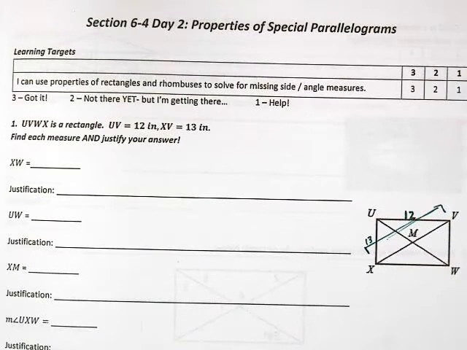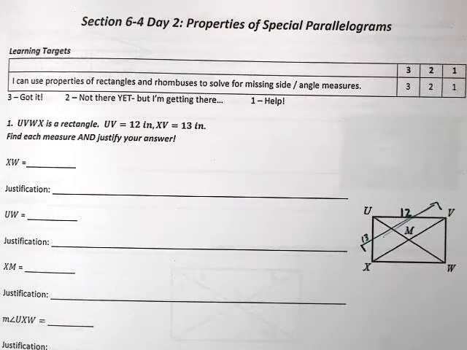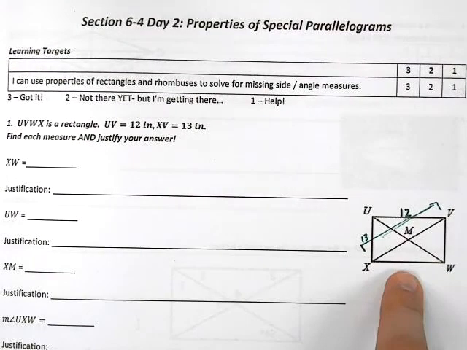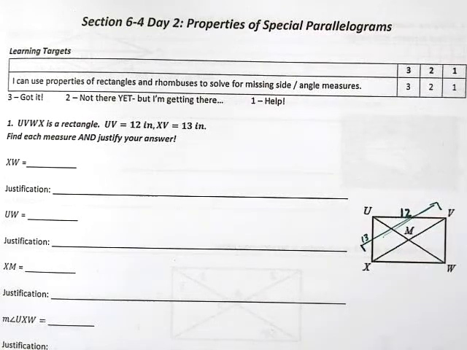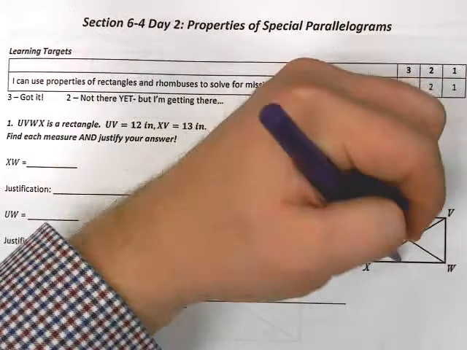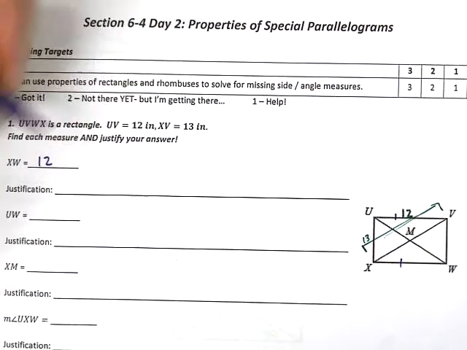Well, let's see what we can do. XW. Well, XW we can do pretty nice and easy, right? XW is just the side that is opposite of UV. So, if we have UV, well then we have XW, and we can just immediately say that XW is 12. And why?